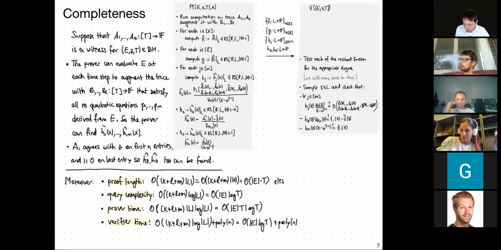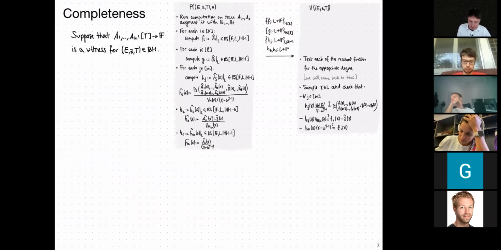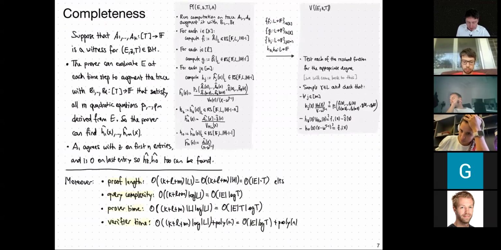So overall, we pay something that is K plus L plus M times log L, plus something that depends on Z, right? Because this Z hat will cost you poly N. So we're paying E log T, which is exponentially less than that, plus something that grows with the explicit input, that we cannot avoid. Any questions about any of these complexity metrics?